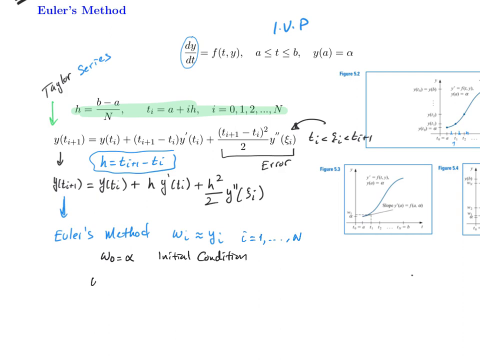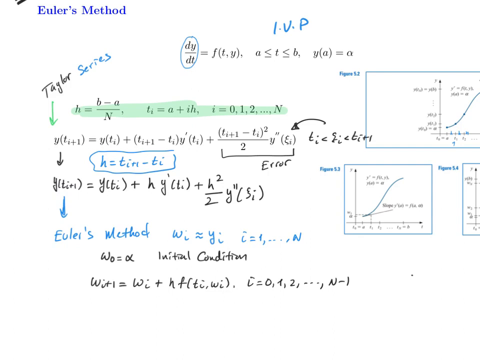And then w_{i+1}, which will be this part, is going to be equal to w_i plus h f of t_i, w_i, for i equal to 0, 1, 2, all the way to n minus 1.